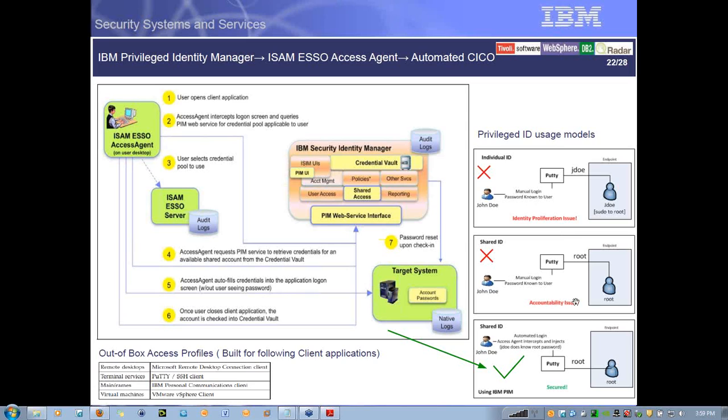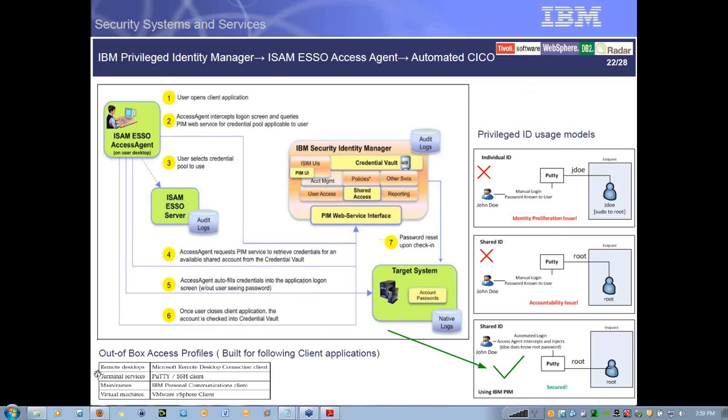Now accountability is an issue. Now in this case, you have automated login: the access agent injects the password and credentials. JDO does not know the password, so it's secure. So that's the way PIM works with shared ID management.